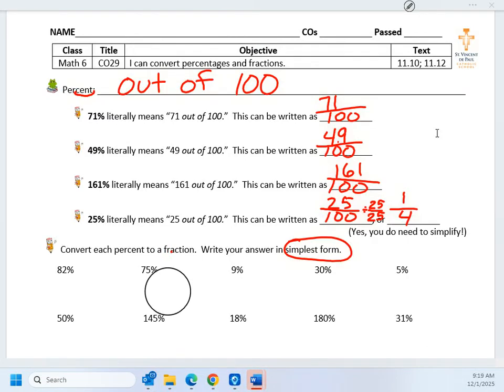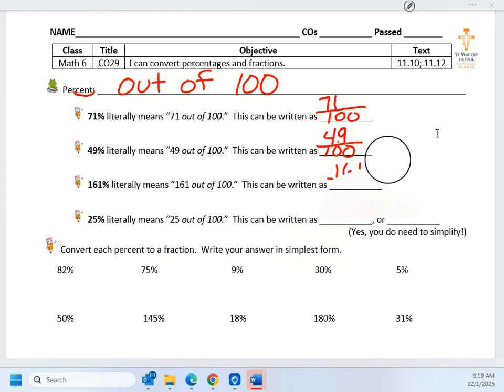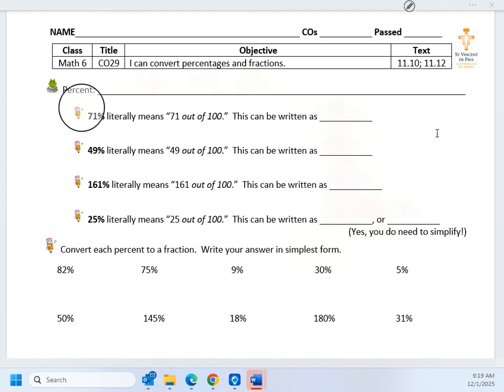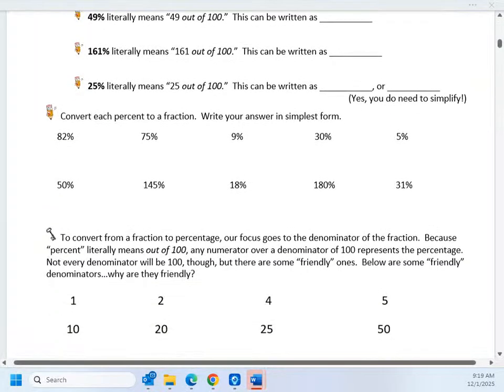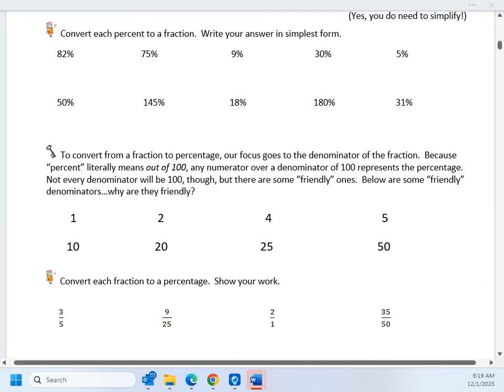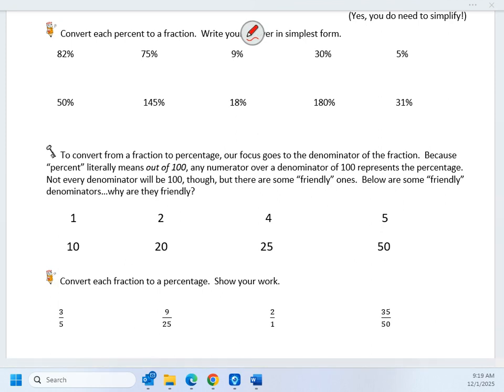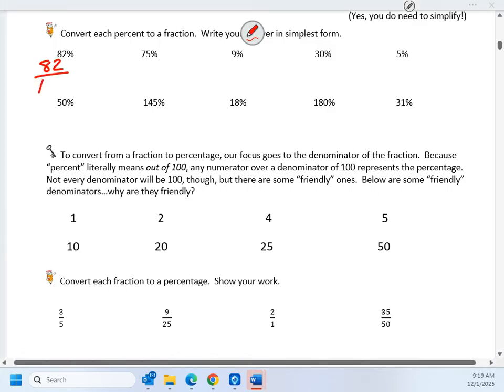So let me erase so I can scroll up and we can see what we are doing. So 82%, what is our first fraction that we are going to write? 82 over 100. 82% is 82 hundredths.